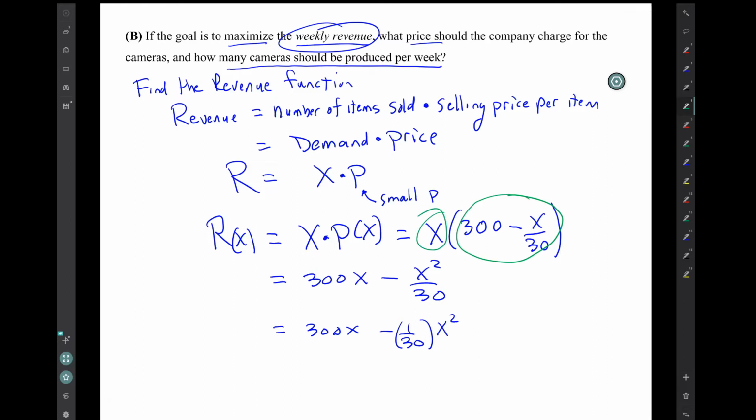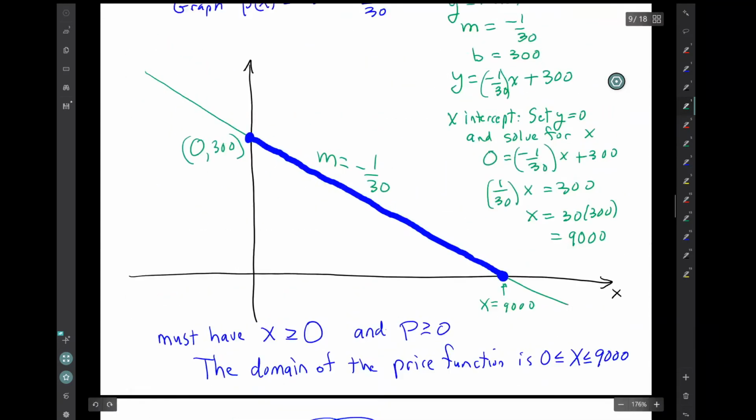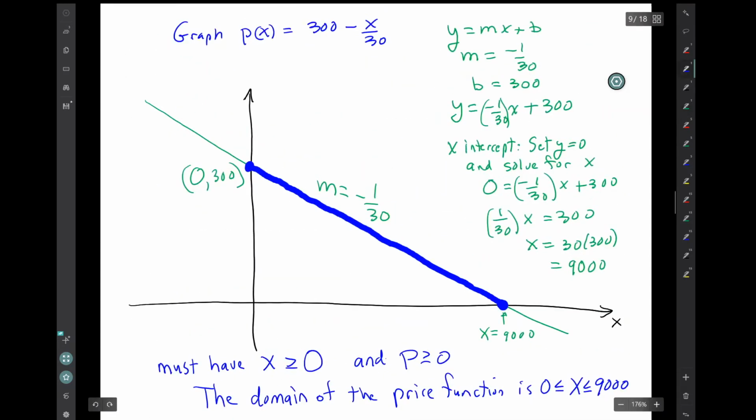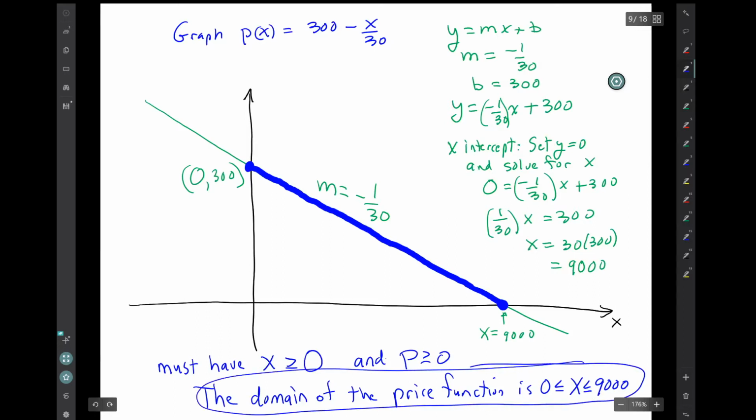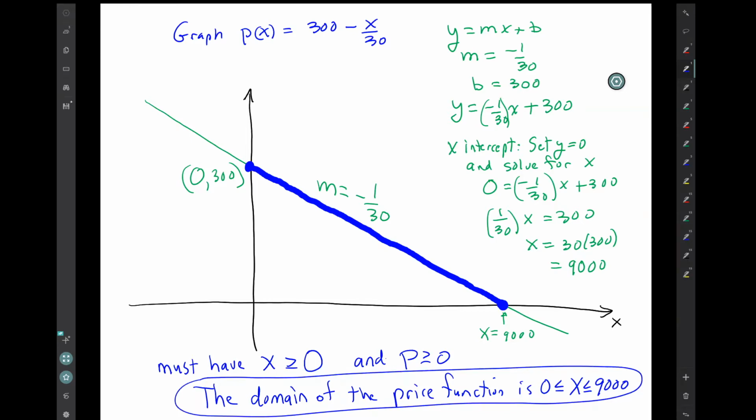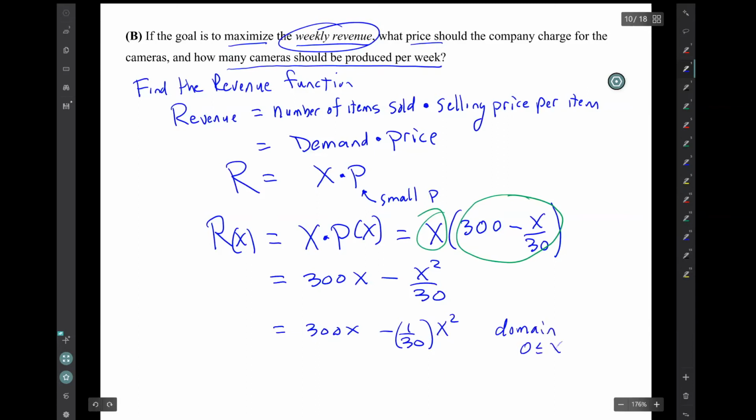So the result is that the domain of the revenue function is the same as the domain of the price function that was used to build the revenue function. The price function has this domain, and so if I use that price function to build something else, the thing that I build is also going to have that same domain. So there is our revenue function.